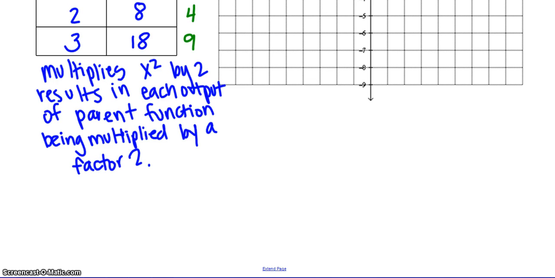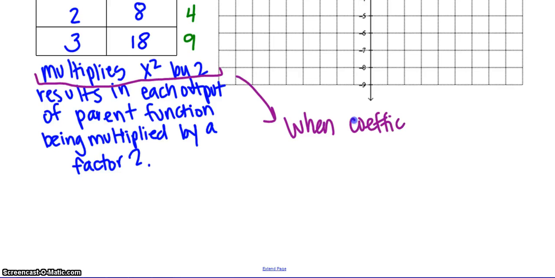And if I wanted to be real specific, this right here multiplies x squared by 2. I could have said, when the coefficient of x squared is 2. See, there's your 2x squared.